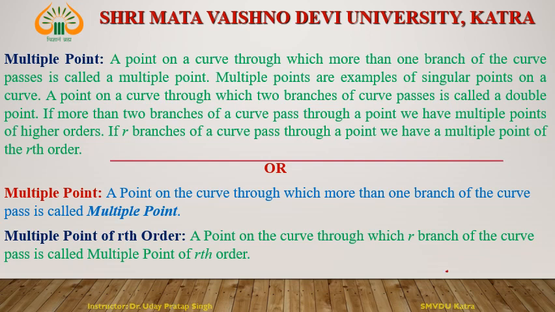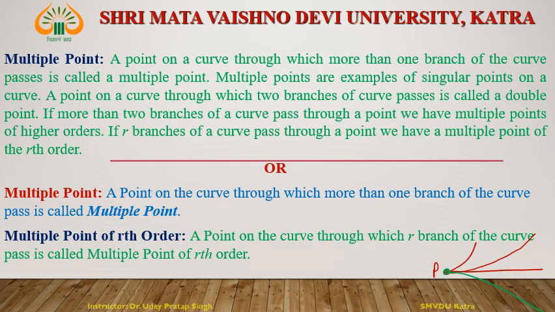Suppose this is the point P, this is one branch of the curve, and this is the second branch of the curve, and this is the tangent of the curve at point P. And suppose one branch also passes through this. Then this point P is known as a multiple point.